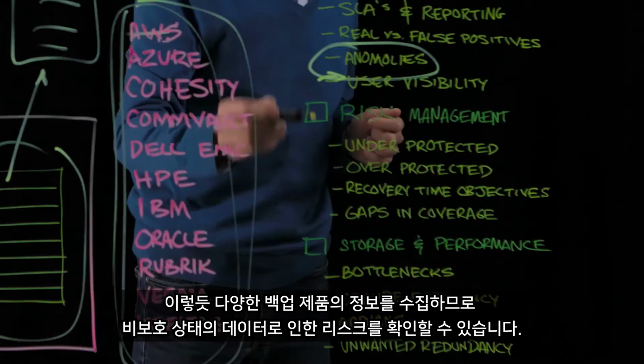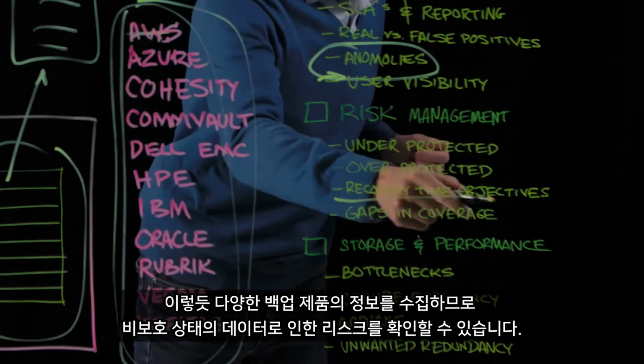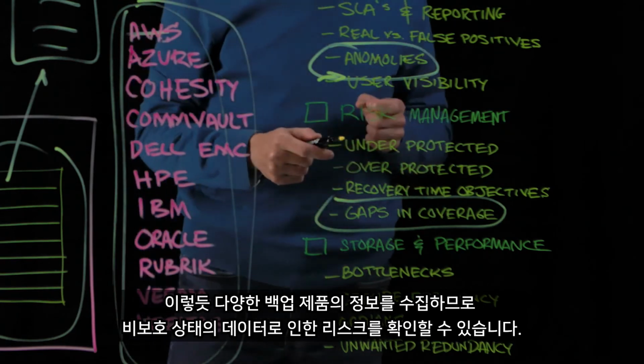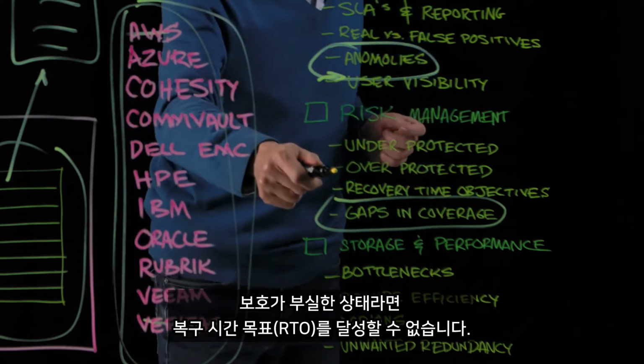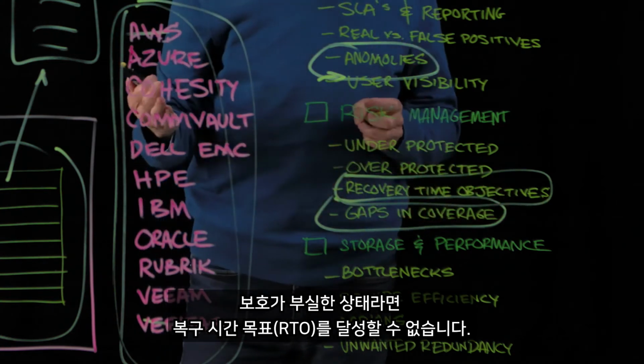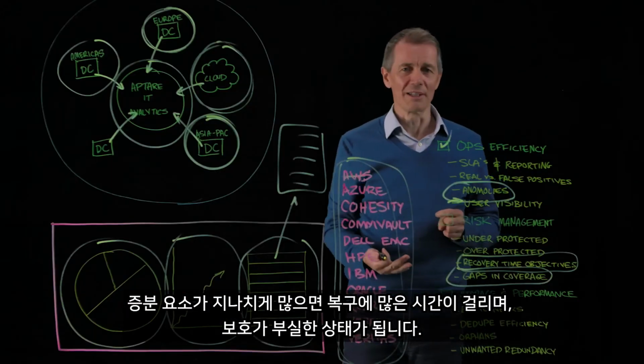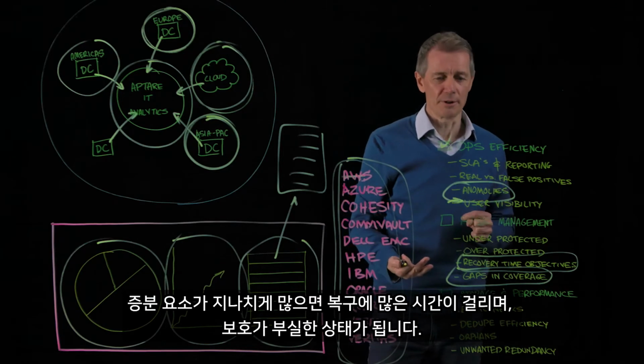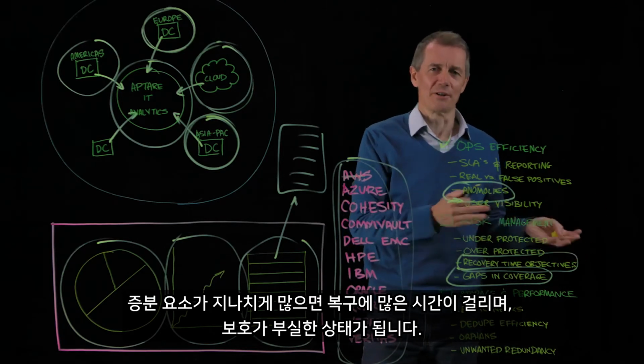And that allows us to identify gaps. So what's not being protected, or what's being underprotected and you're not going to be able to meet your recovery time objective. You have too many incrementals. It's going to take too long to restore. So that's underprotection, the obvious one.